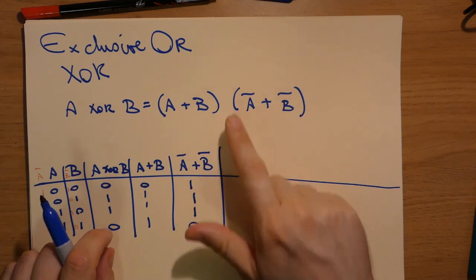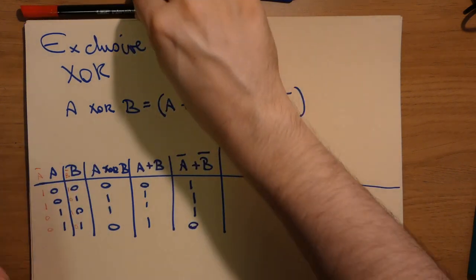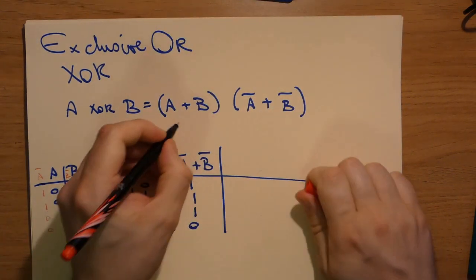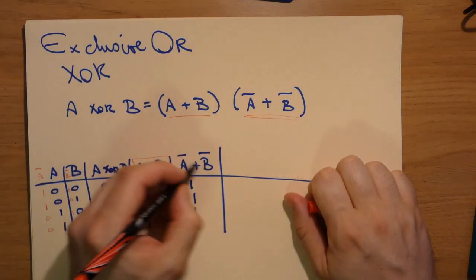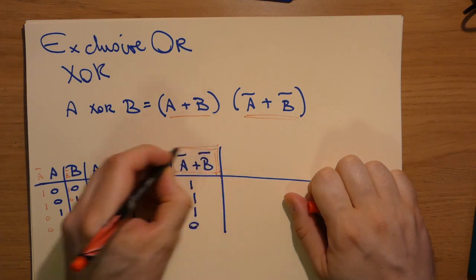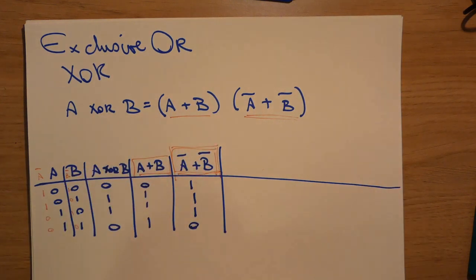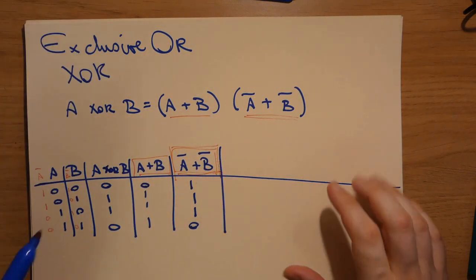And then the AND, so I have this part here, and then this part here. So I need to AND those two columns.